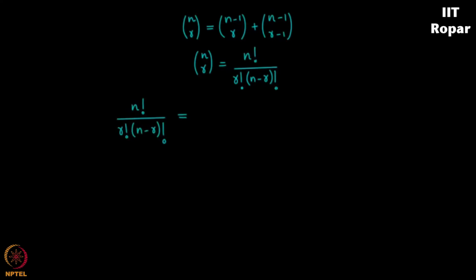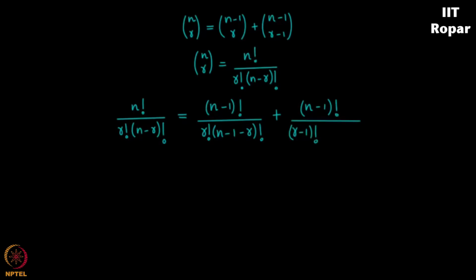Now, what is the right hand side? N minus 1 choose r becomes n minus 1 factorial divided by r factorial times n minus 1 minus r factorial, plus n minus 1 choose r minus 1, which becomes n minus 1 factorial divided by r minus 1 factorial into n minus 1 minus r plus 1 factorial. Why is that? Rather, r minus 1 is subtracted from n minus 1.